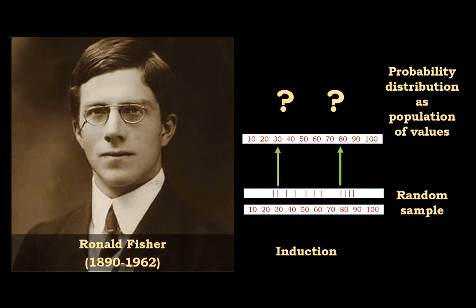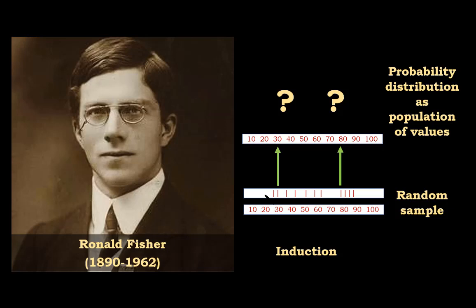Induction is the opposite process. We've got the sample, these are the same values, and now we need to decide from which population they come from. So we don't know what's the population they come from. And we need to decide, do these values come from one population of values, or do they come from two different populations of values?